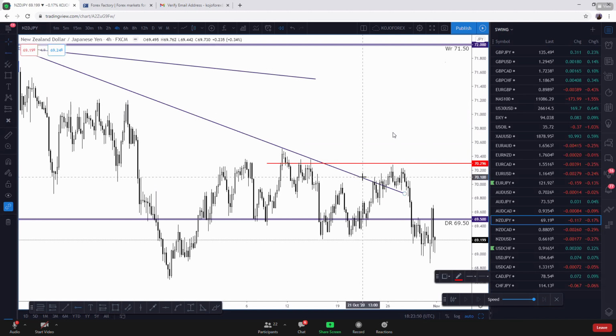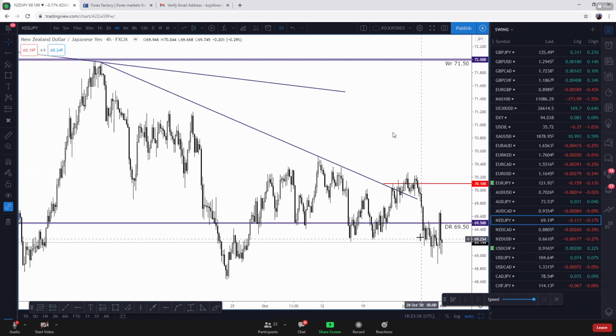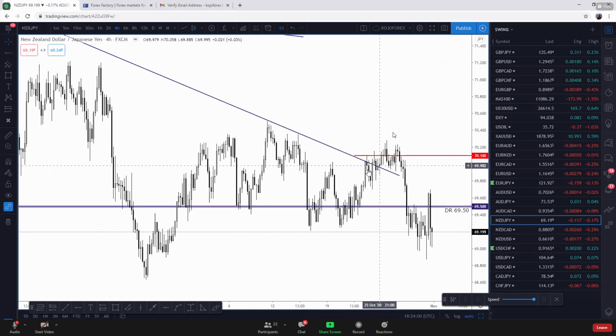You put your horizontal ray here. You want to monitor how the market trades beneath it, right? Spikes down, doji consolidation, sort of basically stuck in this range. You don't want to trade a market that is stuck in a range, right? So after a long time, push up, push down, blah blah blah, closes above it, then you want to reconsider what is really going on in this chart.